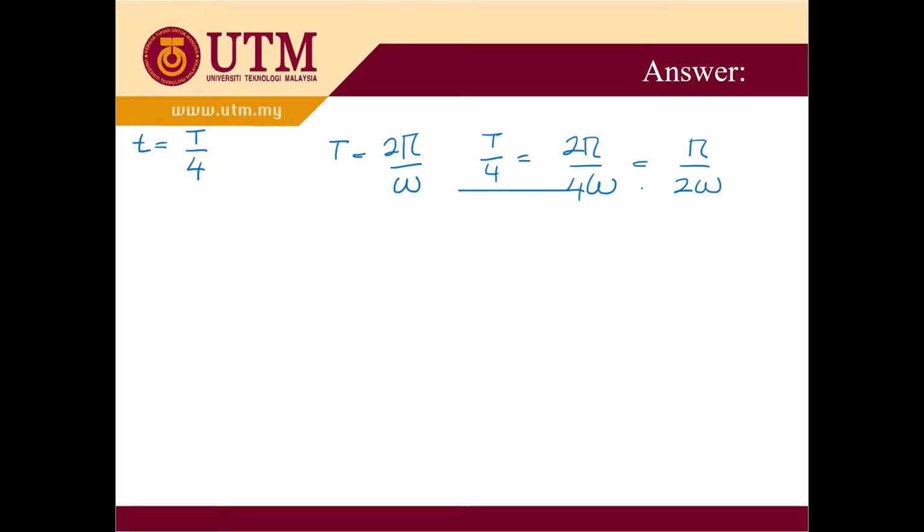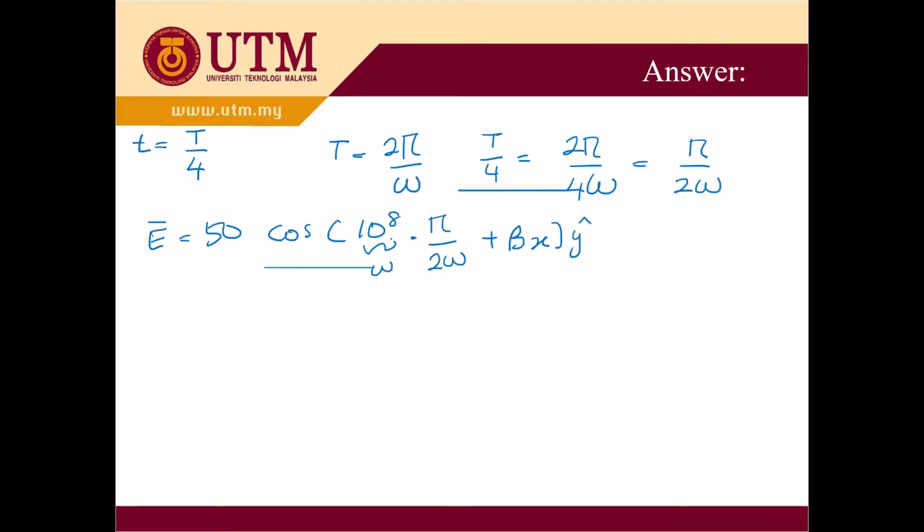We have to put this value into our original equation. E is equal to 50 cos of 10^8, which is basically the omega, multiplied by pi over 2 omega, plus beta x in the direction of y.